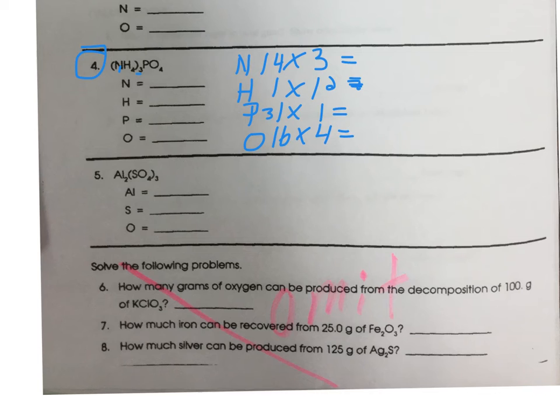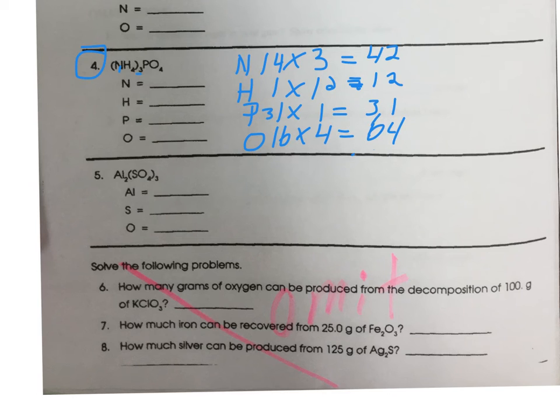So how much nitrogen do you have? 14 times 3 is how much? 42. Yep, it's 42. Hydrogen 1 times 12 is? 12. Phosphorus 31 times 1. And oxygen 16 times 4? 64.